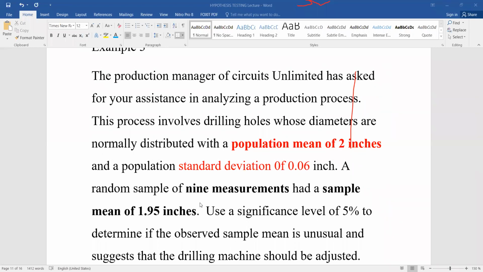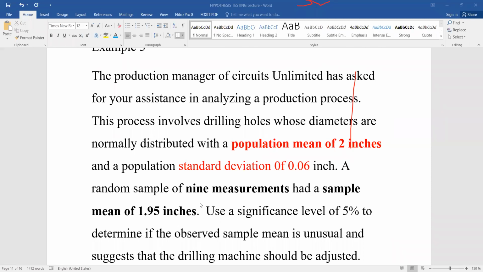This process involves drilling holes whose diameters are normally distributed with a population mean of 2 inches. What is that? That is mu. And a population standard deviation of 0.6. What is 0.6? Sigma.